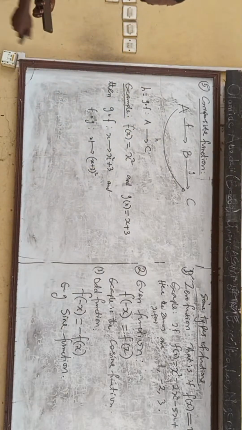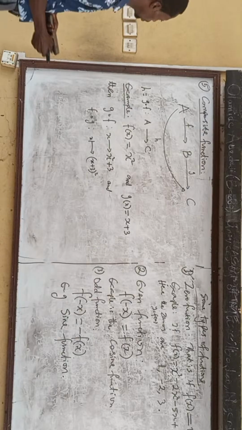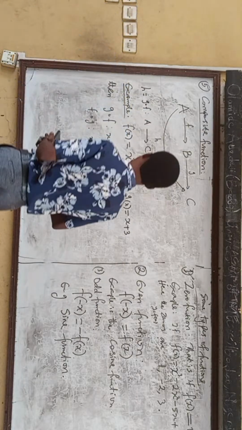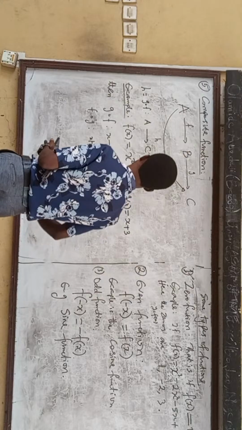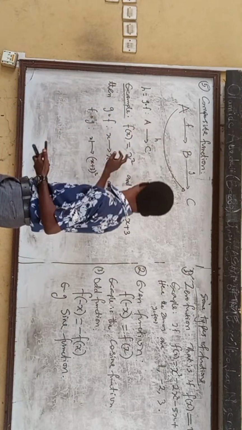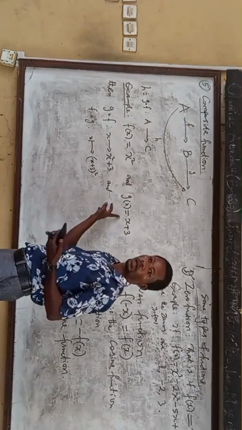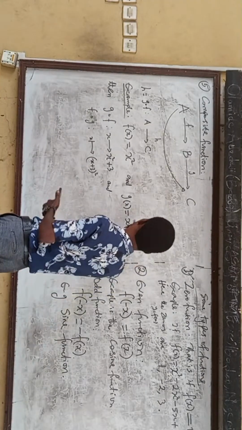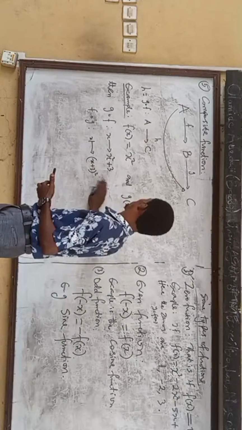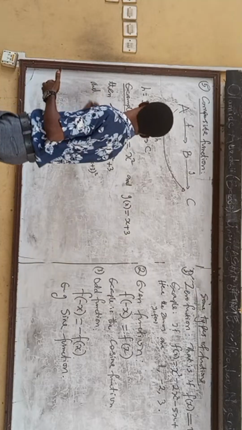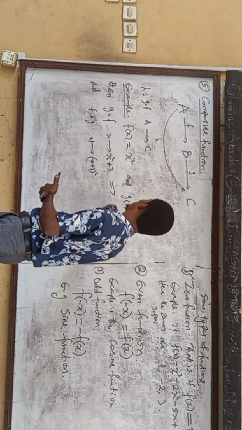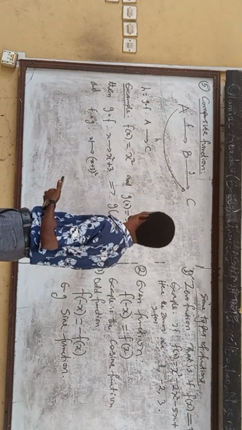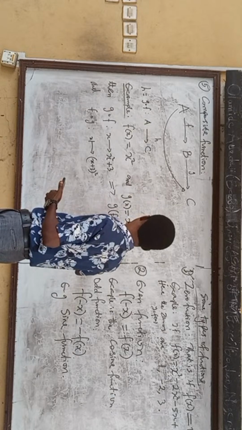Do you know how this happened? This one takes this into this. This one is like writing g of f of x.